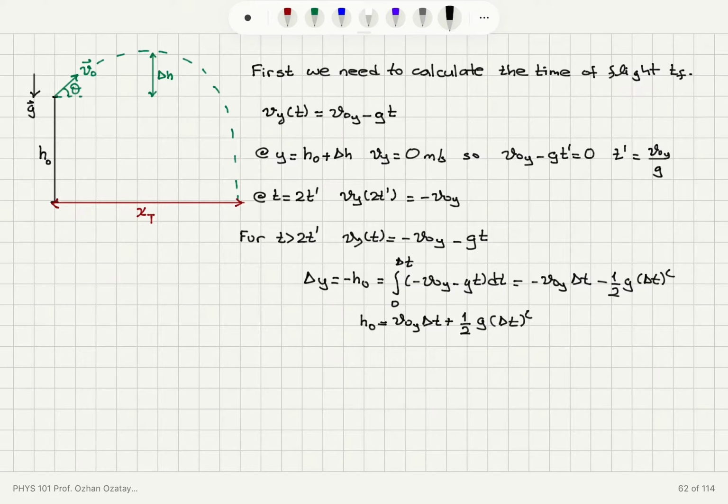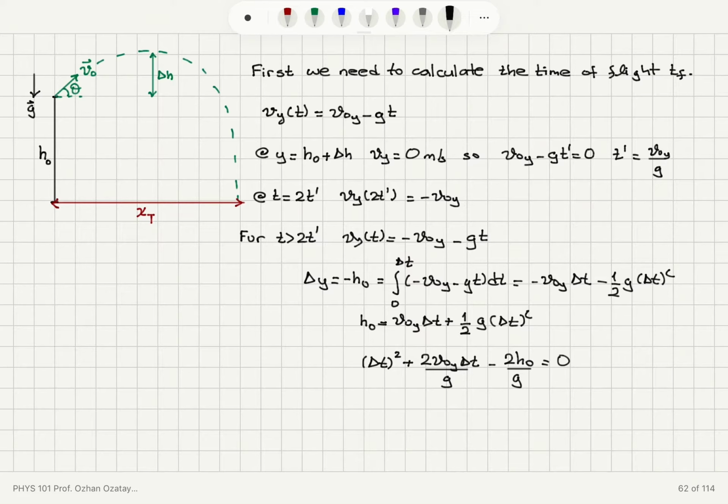So we can write this as delta t squared plus 2v0y delta t divided by g minus 2h0 over g equals 0. I have multiplied this equation by 2 over g and collected all the terms on one side. So this is what I obtain, a quadratic equation.